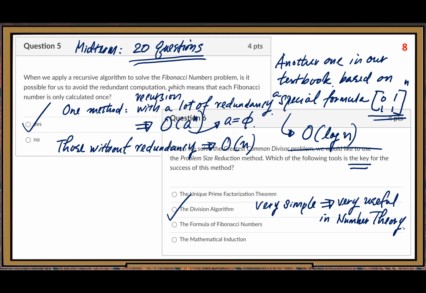And our GCD, the Euclid's algorithm, is based on integer division, the division algorithm.